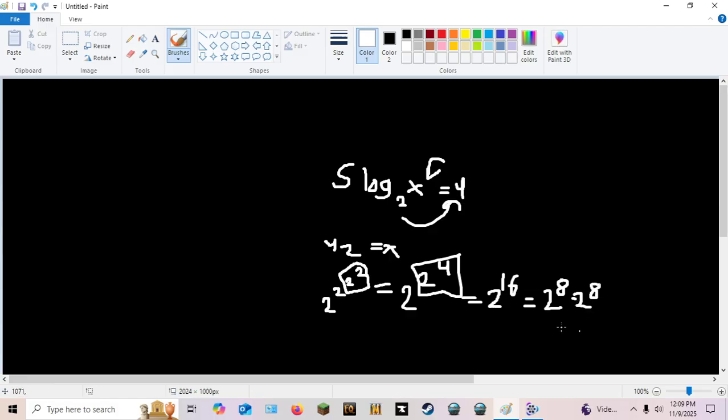But if you want to do it on a calculator or something like that, you can just type in 2 raised to the 16th power, and it should give you 65,536. Instead of adding, I know that 8 plus 8 is 16. And I know that 2 raised to the 8th power is 256. So 256 times 256.